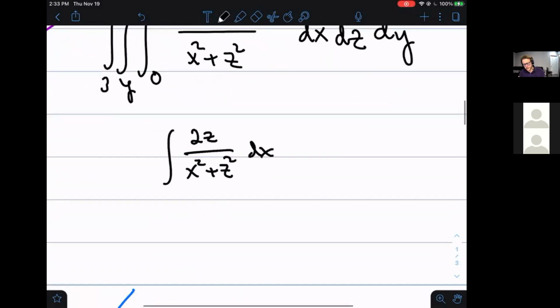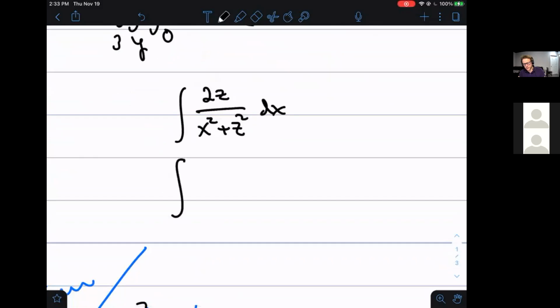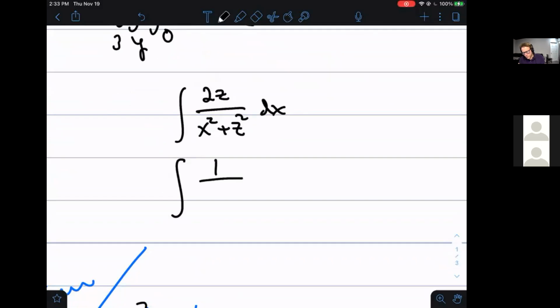The big thing you need to remember here is that the integral of 1 over x squared plus 1 dx is equal to tangent inverse. So it's going to be a tangent inverse style thing, but then you have to do a little bit of guess and check in order to get that z there, to see how much we need to be off by.